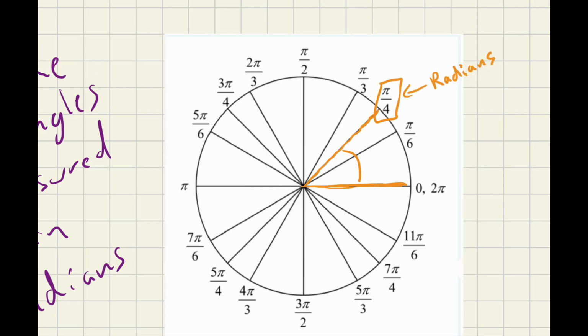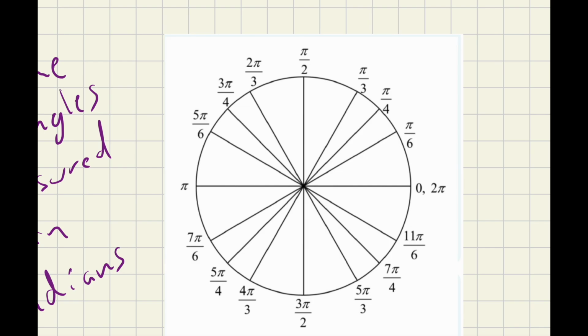I think it's a little unfortunate that there's not a symbol for radians like there is for degrees. If you're measuring 30 degrees, you see a little circle up here. For radians, somebody might write radian, or they might just give you a number. You have to pay a little bit of attention when you're talking about the size of an angle and whether or not that's in radians or degrees.